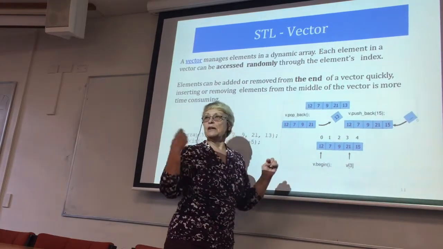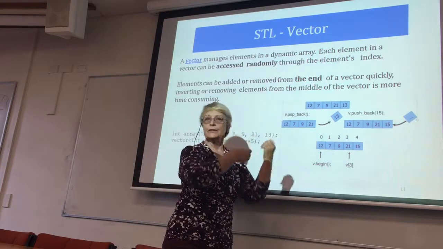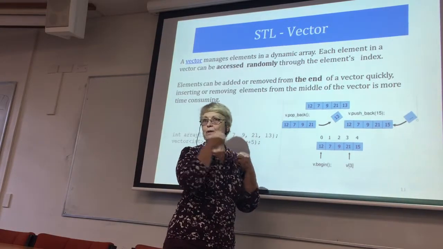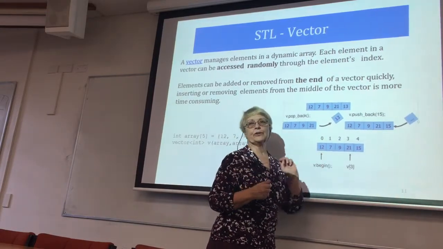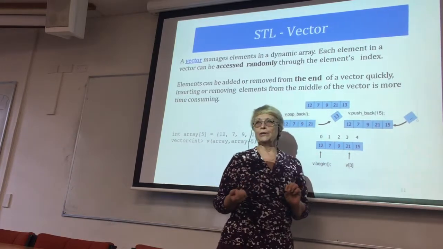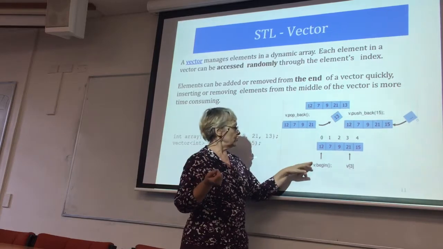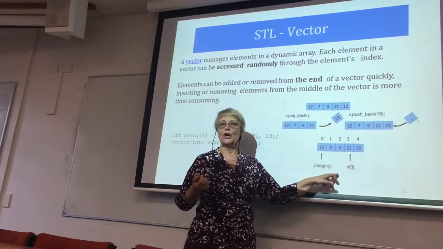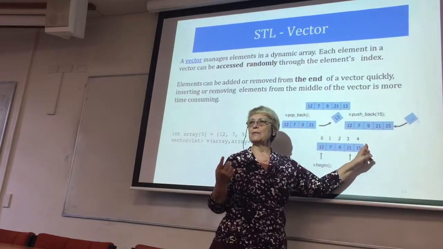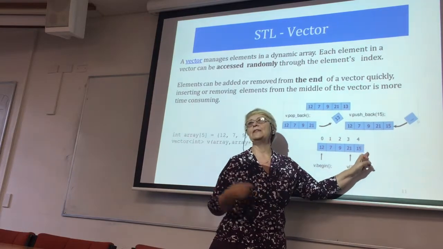The begin and the end return pointers, iterators, we say. Be aware, the begin is a pointer. The end is a pointer. To get access to 12, you dereference. So you dereference the begin. You never dereference the end because there is no element there.